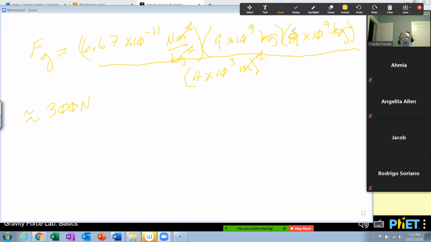Oh my goodness gracious. 6.67 EE 11 negate times 9 EE 9 times 9 EE 9 divided by, open parentheses, 4 EE 3 close parentheses squared equal.